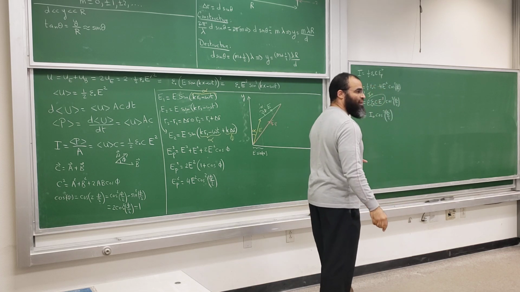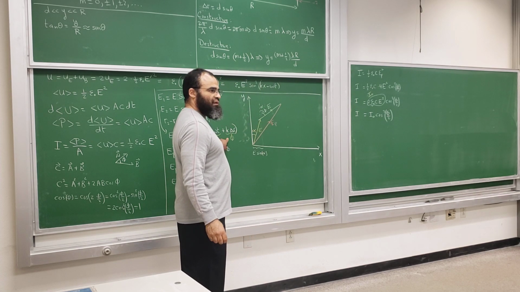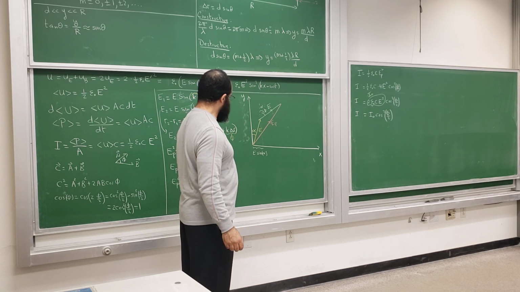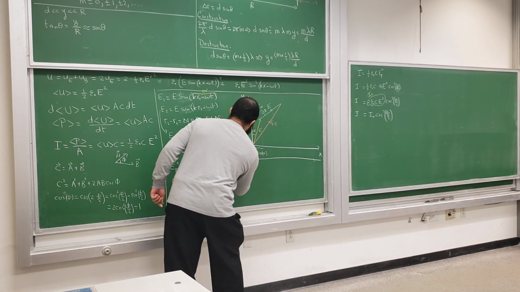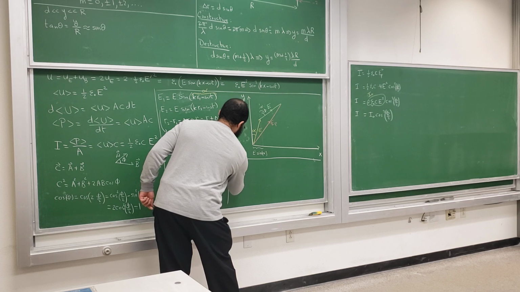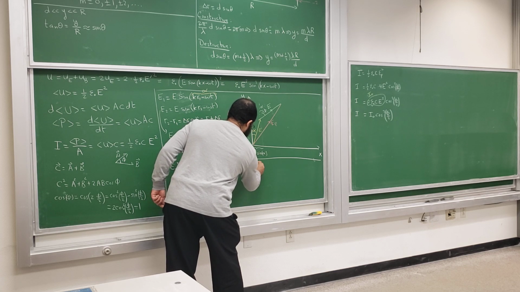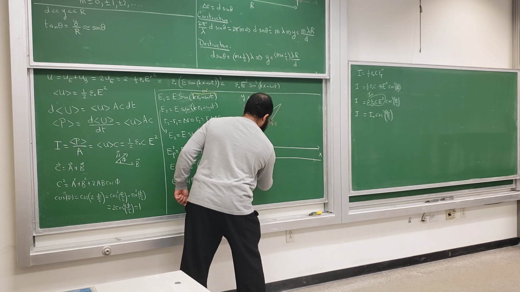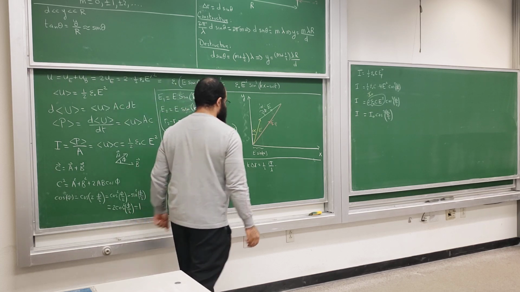Okay? Now we go back and substitute what phi over 2 is. Here's phi. So what's phi over 2? Well, phi is k times delta r. So 1/2 phi is 1/2 k delta r, which is equal to 1/2 times 2 pi over lambda times delta r. But what is delta r? D sine theta, thank you.